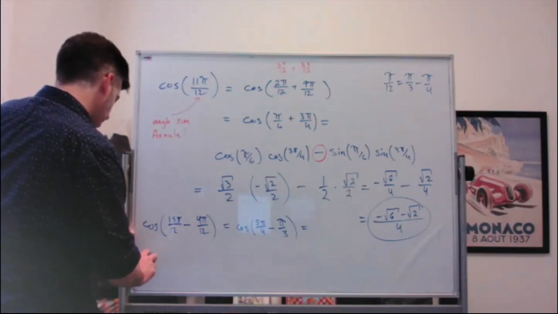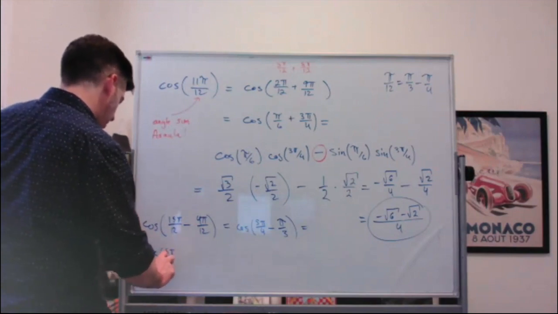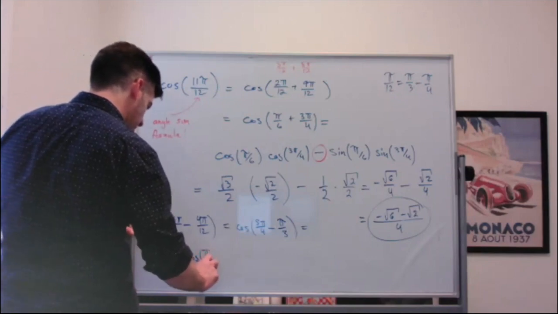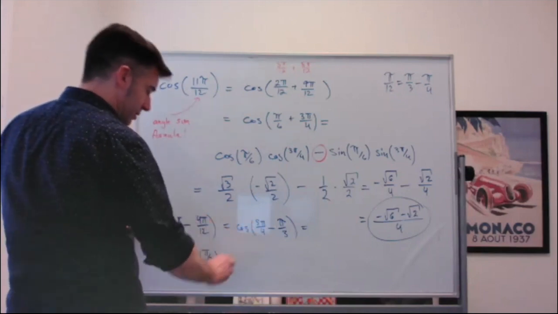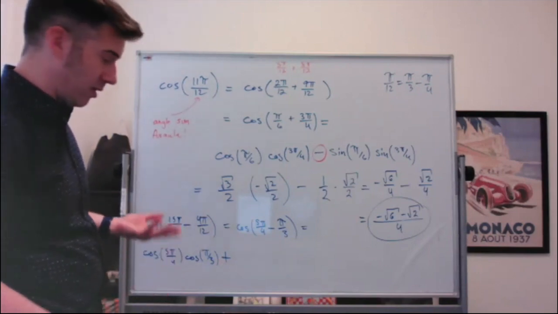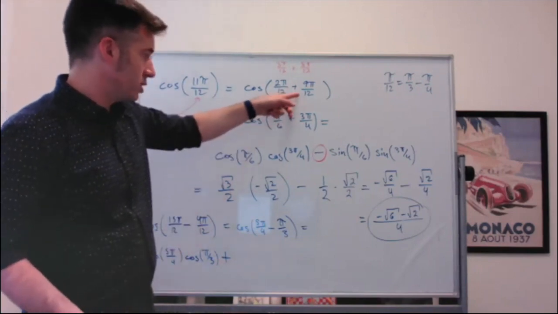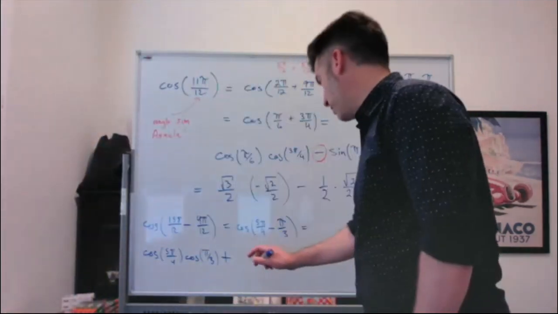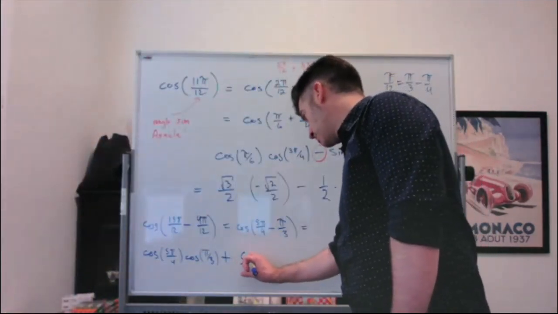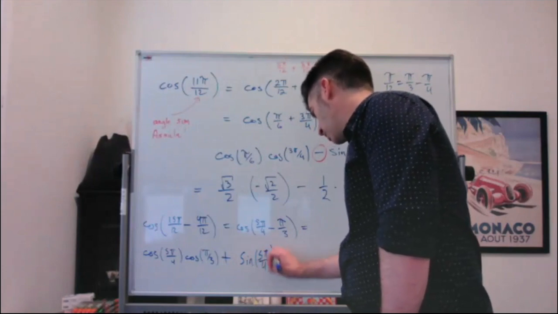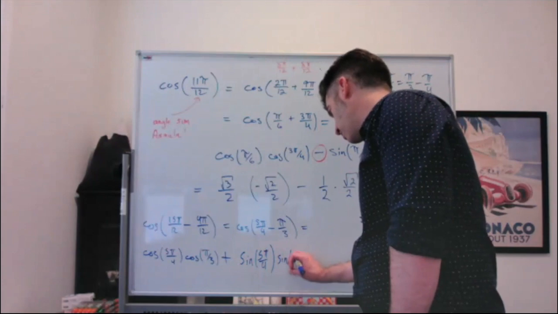So it would be cosine of 5 pi over 4 times cosine of pi over 3. And now since it's a minus here, it's going to be a plus here, right? Because for cosine, angle sum formula or angle difference formula, it's always going to be a change in the sign. And then it's going to be plus sine of 5 pi over 4 and sine of pi over 3.